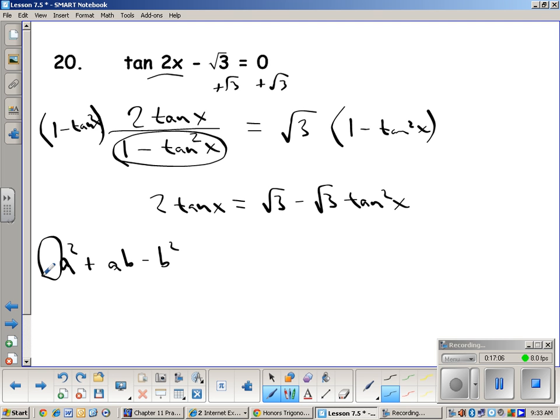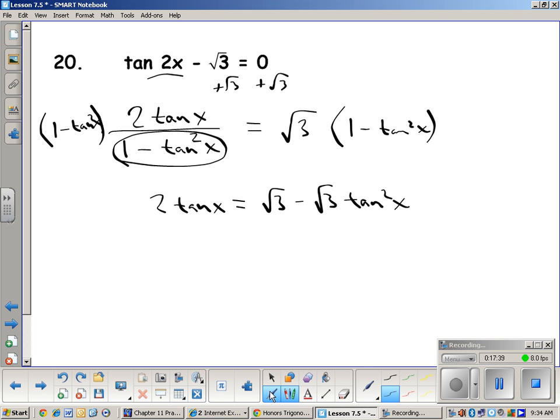Making that negative changes all the rules that I use when I'm factoring, and I think it makes it a lot harder if we make that negative. So we have two ways of dealing with this. I'll leave it up to you which way you want to do it because you're the one writing it in your paper. We can either move these two over here, or we can move this one over there and divide by a negative 1. What happens if I divide every term by negative 1?